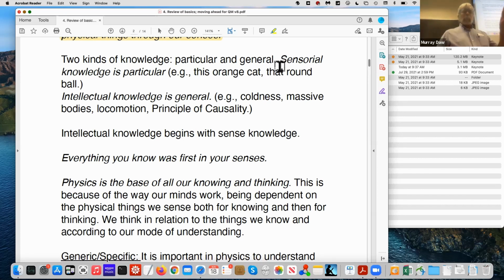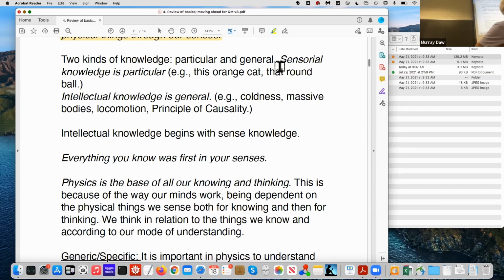Okay, so there are two kinds of knowledge of physical things. Sensorial knowledge, which is just, you see it, you feel it, you touch it, you taste it, you do stuff with it, right? But there's another kind of knowledge which separates us from the other animals, which is called intellectual knowledge. Sense knowledge is of particular things. Intellectual knowledge is something more, it's general.